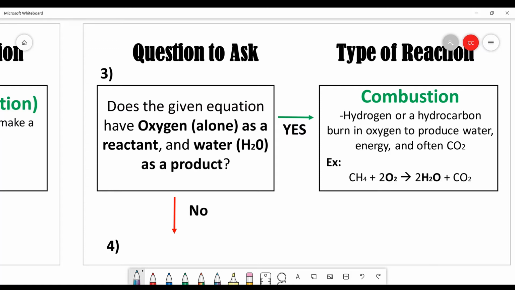So if you look, we have our oxygen and we have our water on the product side. So we have combustion and CO2. Almost always in the equations that we look at, we will have CO2 as a product.